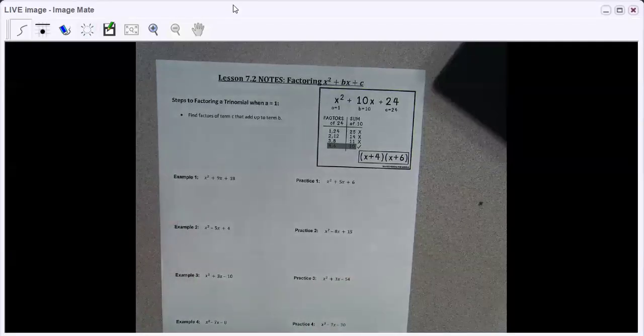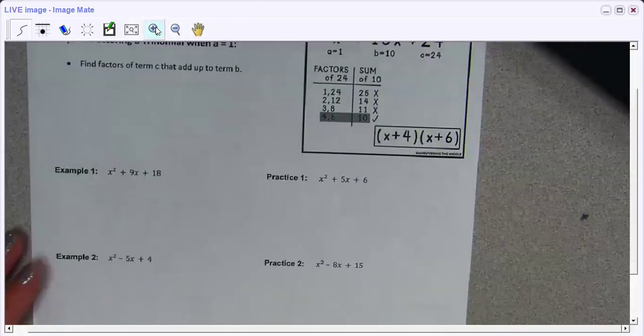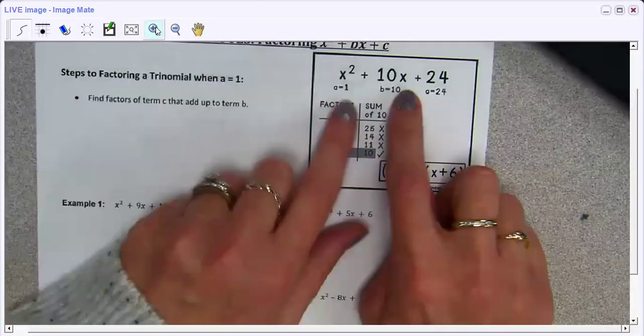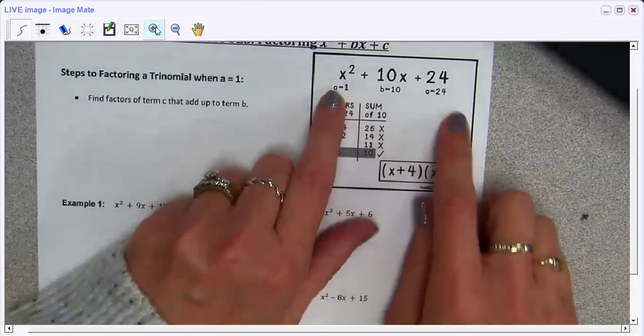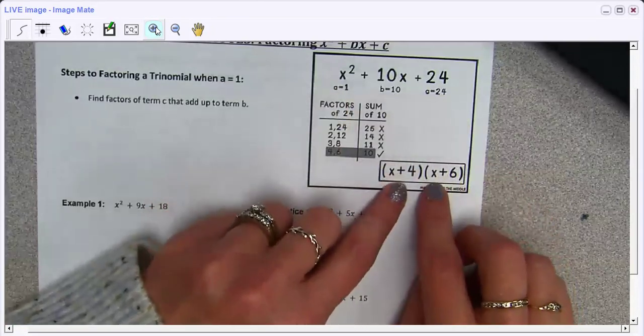All right, so today's lesson is actually the opposite of what we have been doing, which is FOILing. So we're taking a trinomial and we are breaking it down into two binomials.